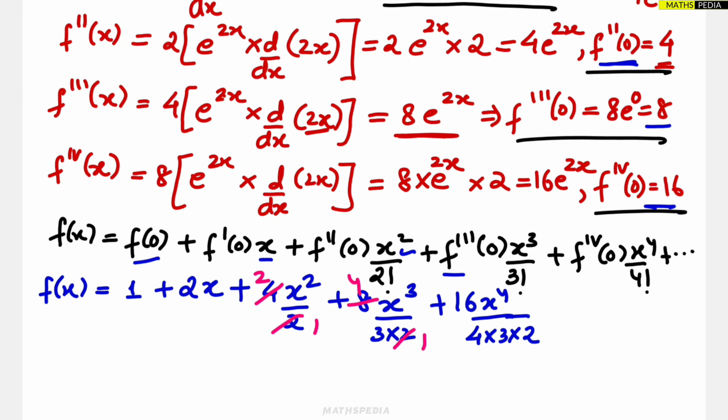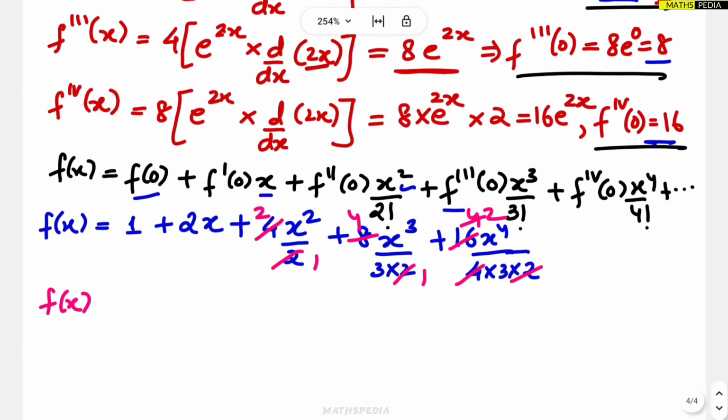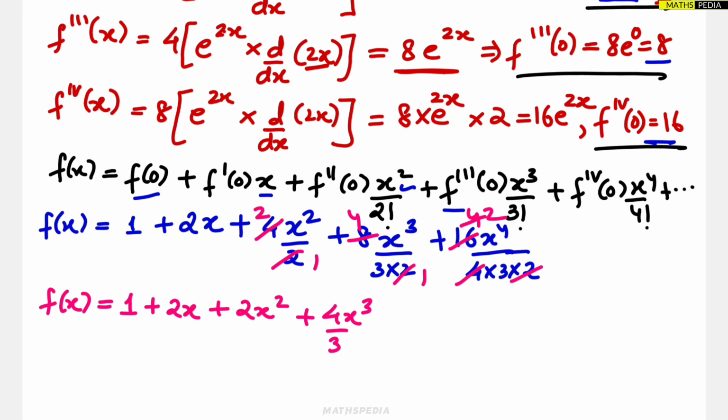Now 16 is there, so 4 fours are 16 and 2 twos are... So what is the left out answer we can write? We can directly write the answer as f of x equal to 1 plus 2x plus 2x square, plus 4x cube by 3, plus 2x power 4 by 3, plus so on.